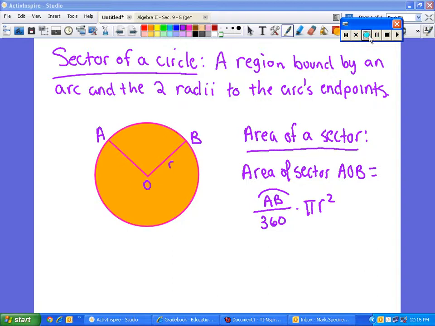Anyway. So if I want to find the area of this portion of the circle, so sector AOB, if you think about it, you can figure this out using common sense.